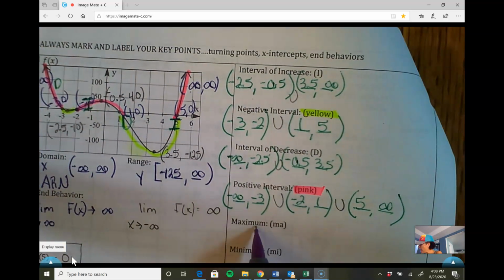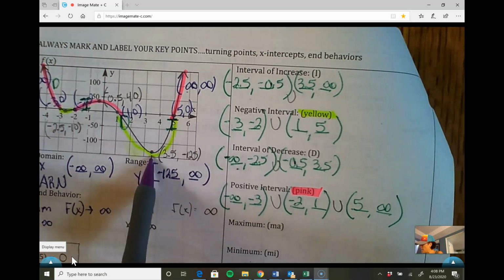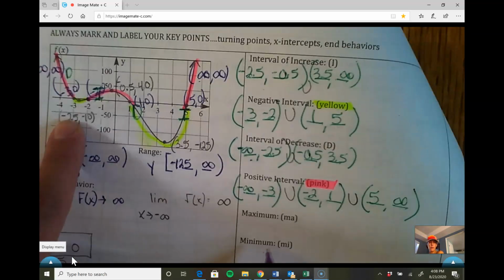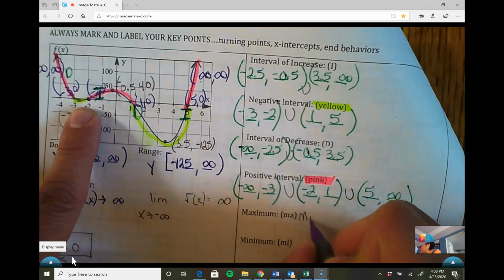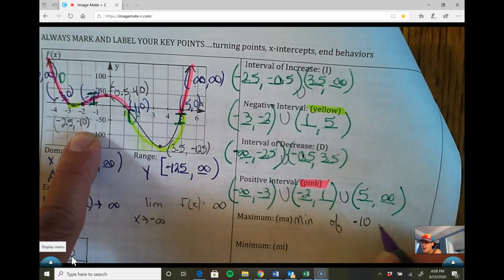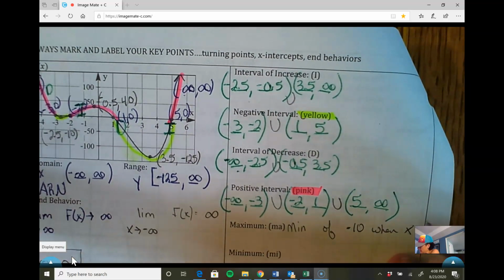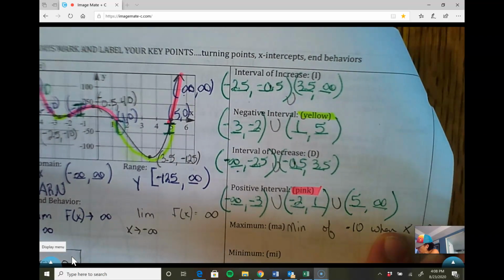All right, are there any maxes or minimums? Yes, we got a minimum, we got a maximum, we got a minimum. So I'll just do them as they go left to right. We have a minimum of negative 10. We state the y value when x equals negative 2.5.